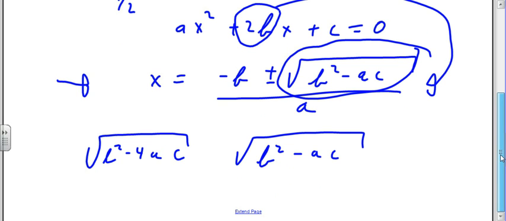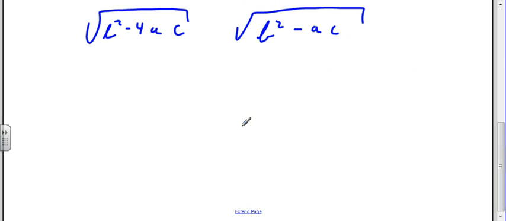I would spell it, but I don't know how. And if this guy is negative, then you have imaginary numbers associated with your answer. If this guy is a square, then he's a whole number. And if he's not a square, then you got an irrational answer and all kinds of cool things. But we don't care about any of that. If you're doing a number theory class, you might care about that, but we don't really care about it.